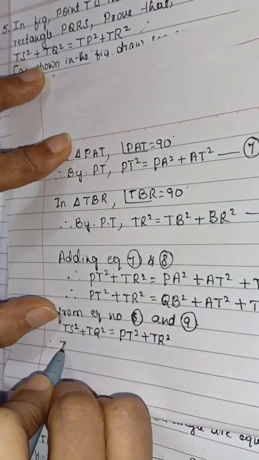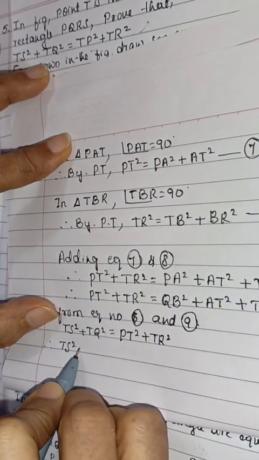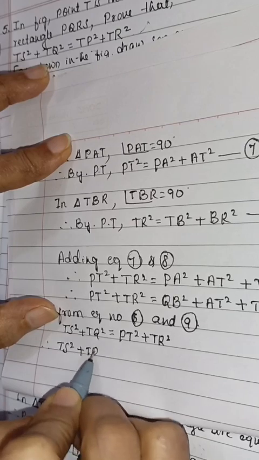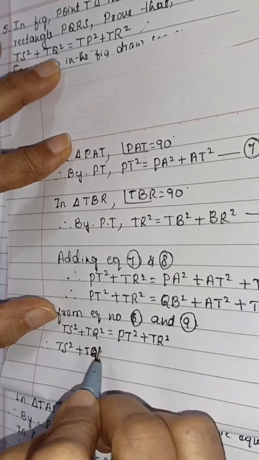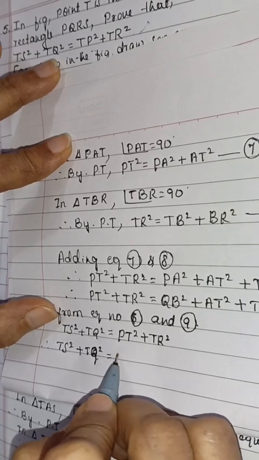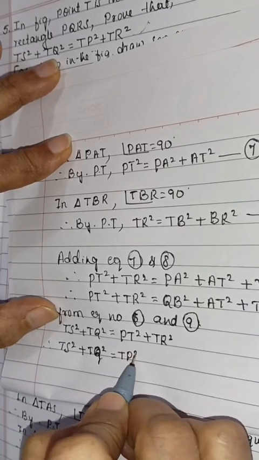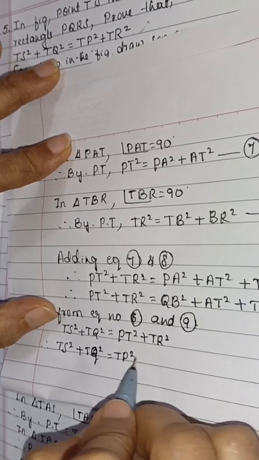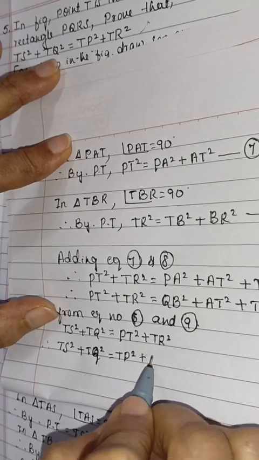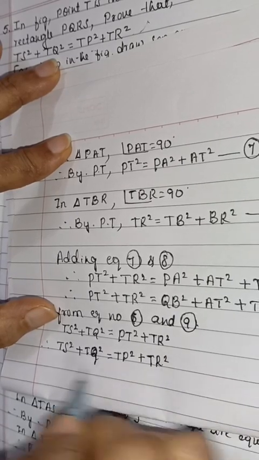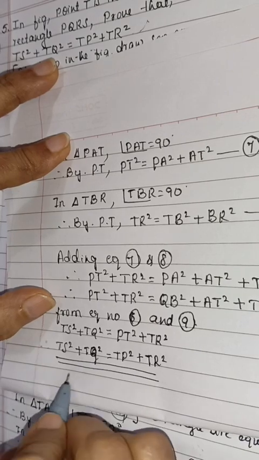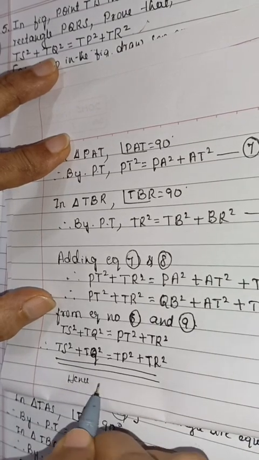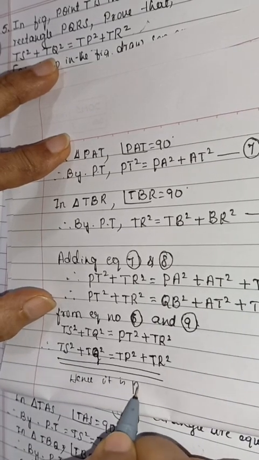TS square plus TQ square equal to TP square plus TR square. So, hence it is proved.